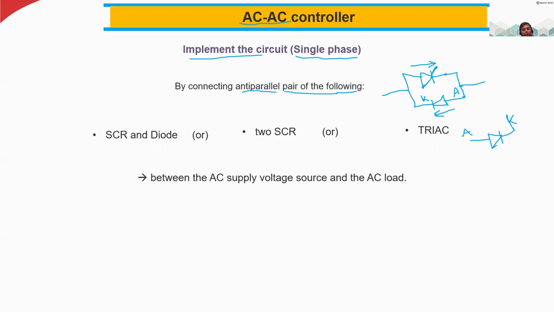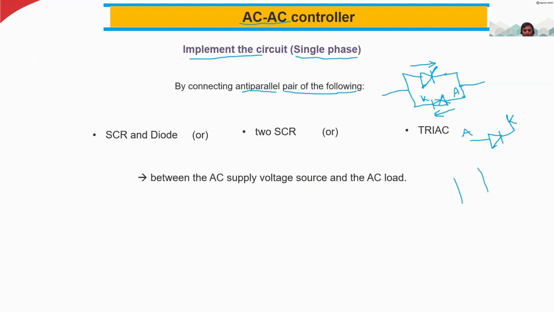Pair means two, a pair of the following. So it can be an SCR and a diode, or two SCRs. Instead of a diode, you can have one more SCR here, or you can use the triac. A triac is also a very similar device to the SCR. Just instead of connecting two devices, we use a single device. We fabricate a single device.